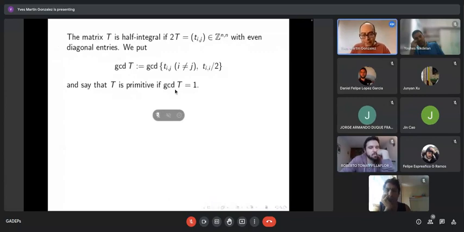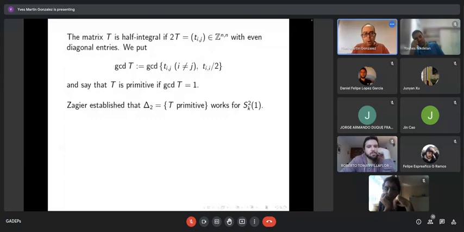Then the first result about the problem I just showed you in the previous slide is due to Saguier, who says that if you take n equal to 2, so in the degree 2 case, so Siegel modular forms for Gamma 2.